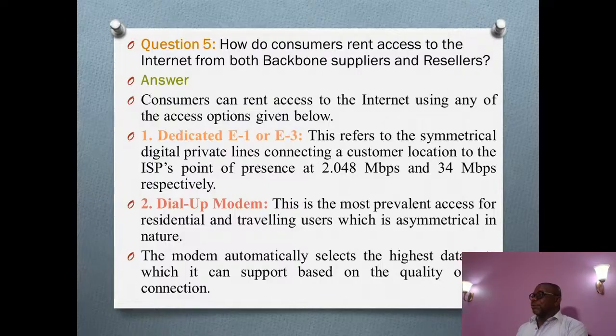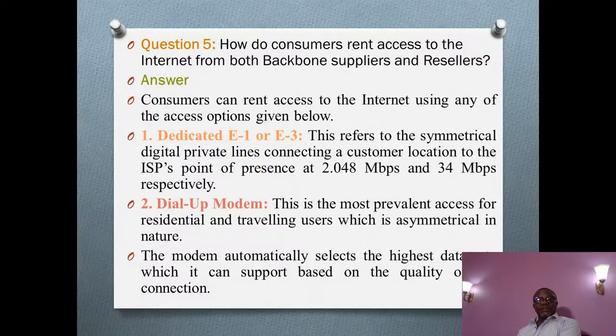So the dedicated E1 gives you service at 2.048 Mbps and the dedicated E3 gives you 34 Mbps respectively.